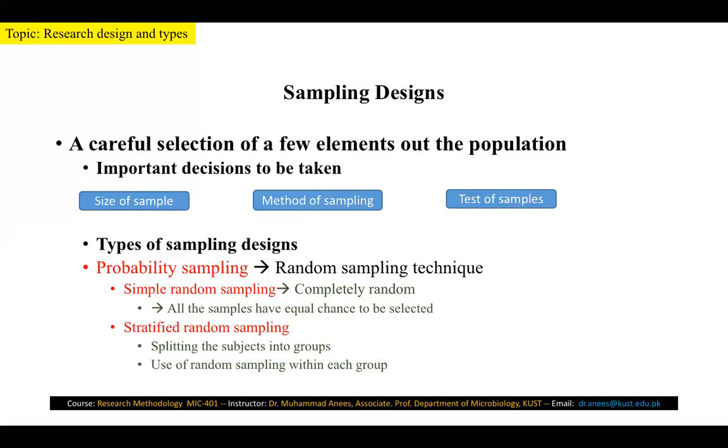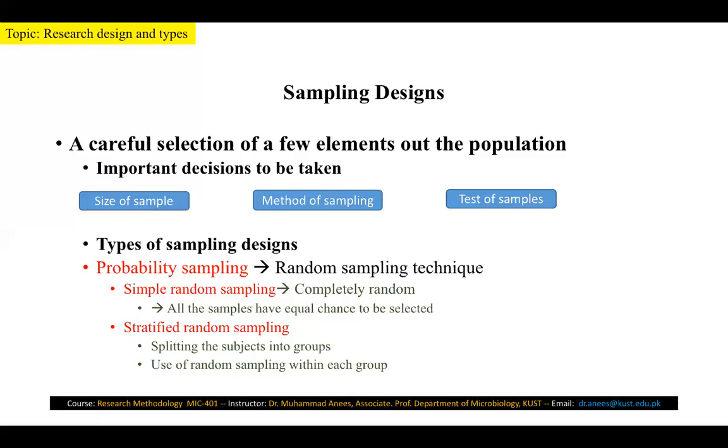Then another type is stratified random sampling. As the name indicates, it is stratified. Stratified means that it is split into groups.